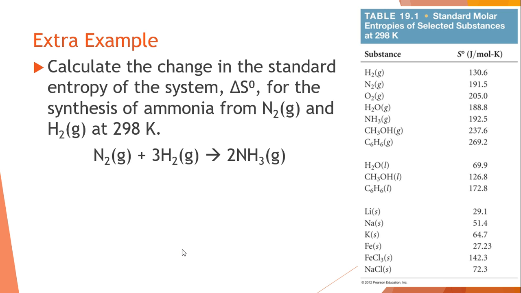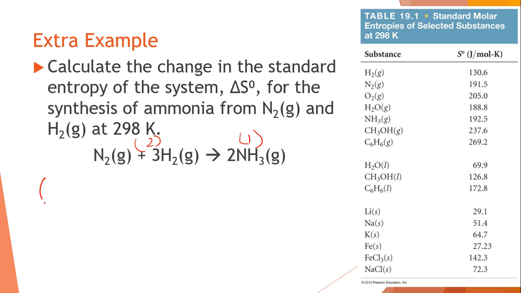Here is an extra example. We're going to calculate the change in standard entropy of a system for the synthesis of ammonia from nitrogen gas and hydrogen gas at 298 Kelvin. So what we're going to do is products minus reactants. The products come first, and the reactants come second.